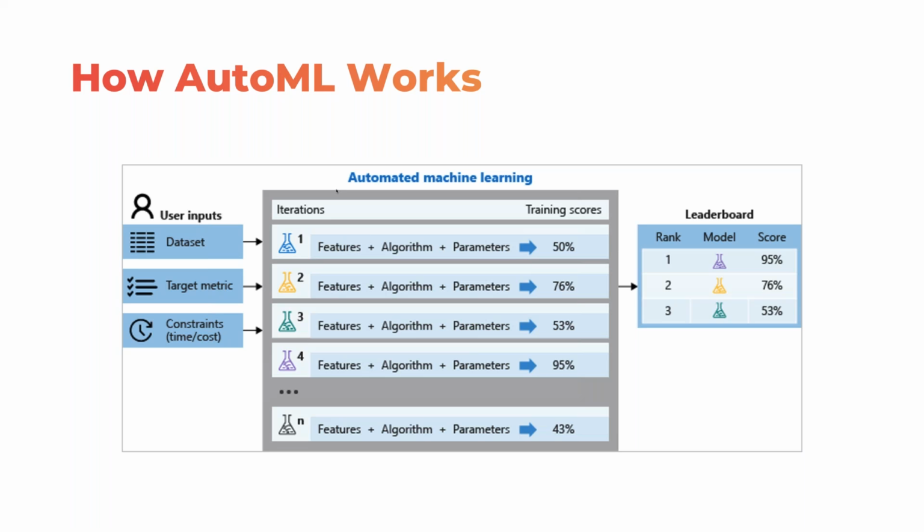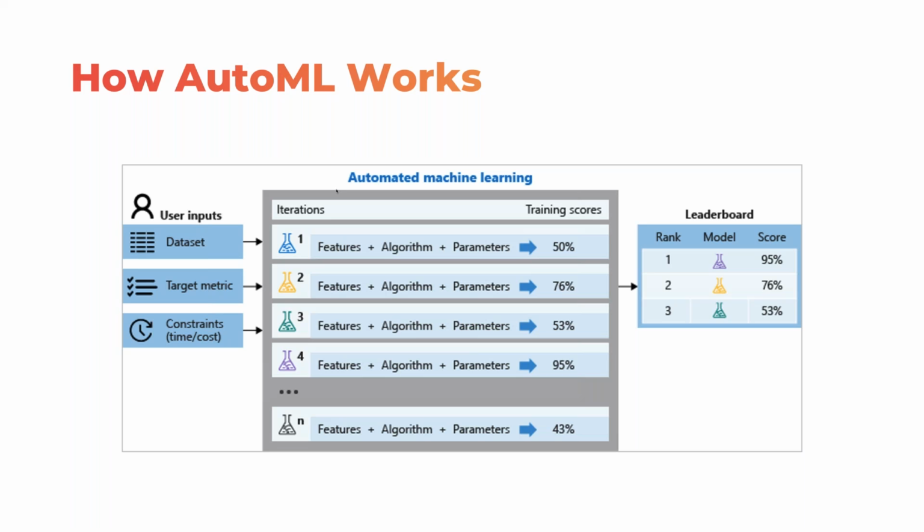So you don't need to deal with featurizing. You don't need to deal with choosing the best algorithm. And of course, you don't need to do hyperparameter tuning. All these three are basically experimented with multiple permutations and combinations to arrive at a leaderboard.